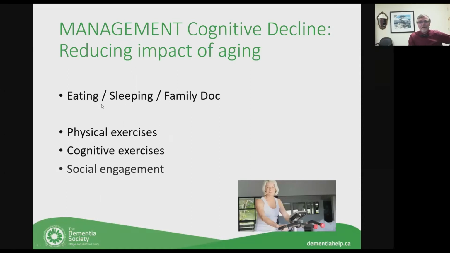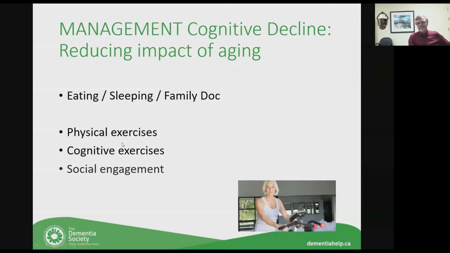So this you've talked about last time, but again, I just want to remind everyone that eating well, sleeping well, having some kind of healthcare provider that helps you stay as fit as you can will help your brain. If your kidneys aren't functioning well, your brain will be hurt. If your liver isn't functioning well, your brain will be hurt.